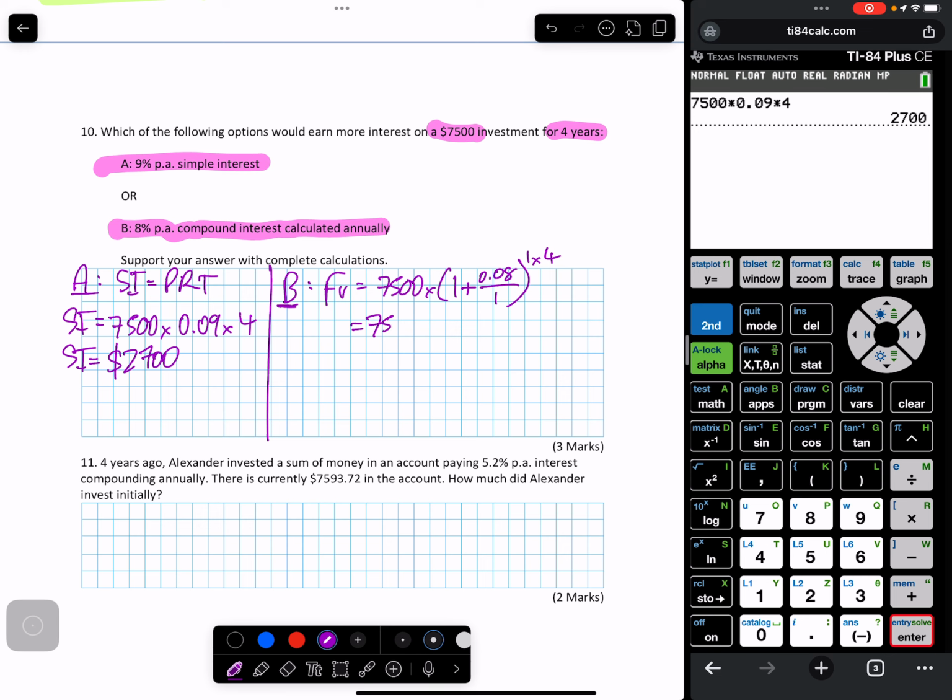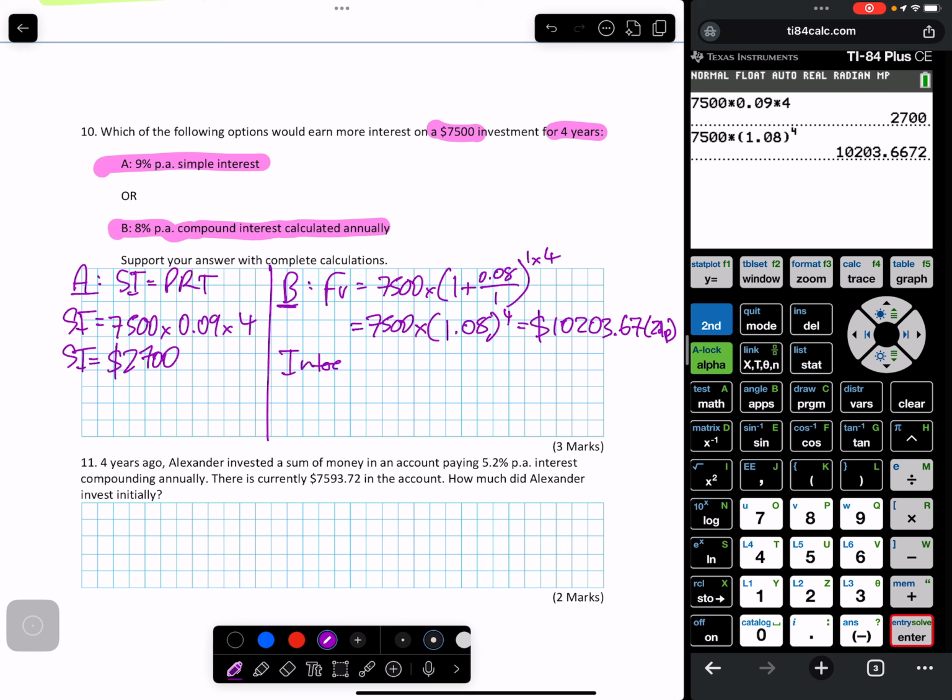Clean it up, 7,500 times by 1.08 to the power of 4. The power of button is this little hat symbol. That tells me 10203.67 to 2dp.